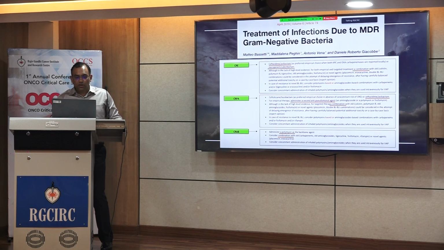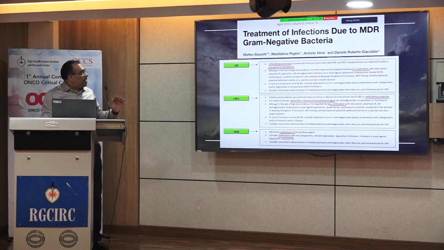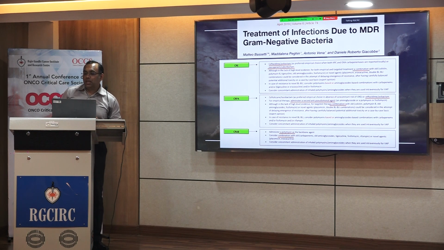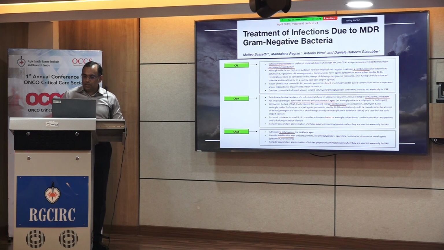Professor Bassetti in 2019 says that if you have a CRE, your regimen should be ceftazidime-avibactam as the preferred empirical choice for both KPC and OXA, or meropenem-vaborbactam if the availability is there. Along with it, you need a combination of certain drugs, and that could be colistin, polymyxin B, tigecycline, any other aminoglycoside or fosfomycin.